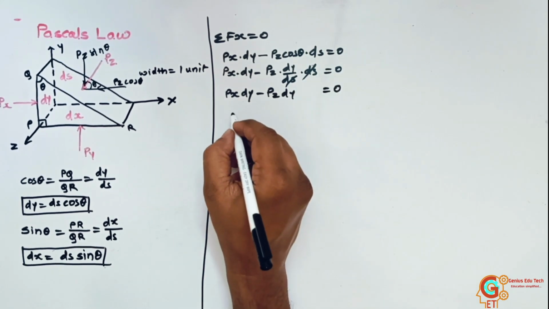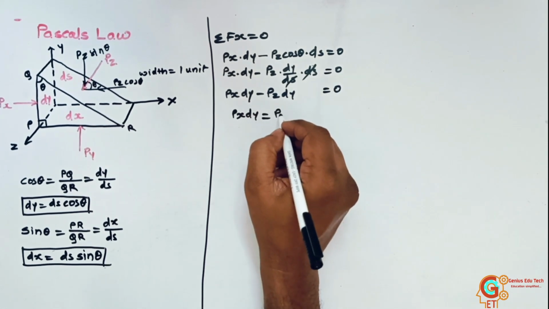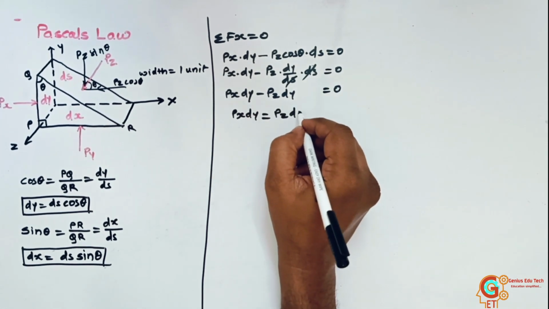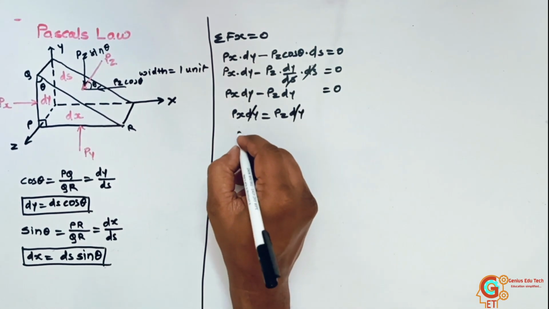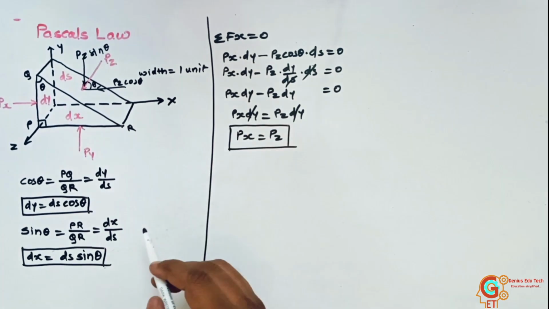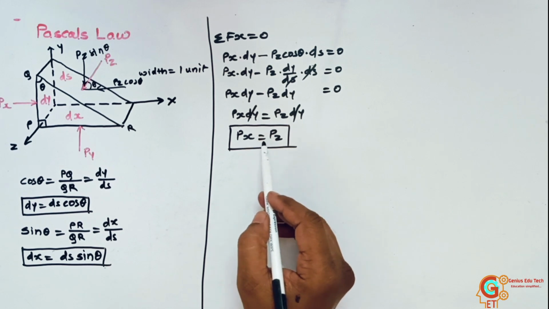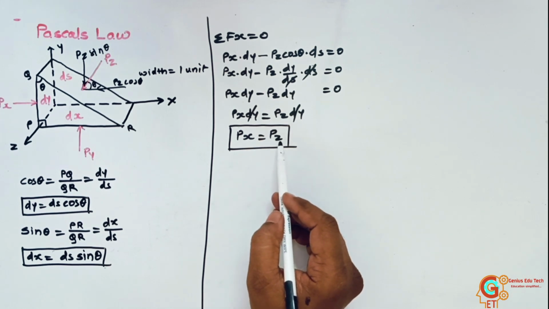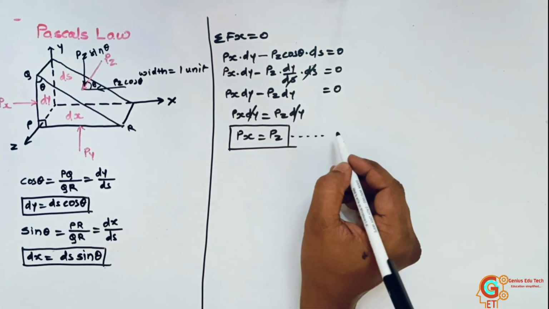So I can write Px dy is equal to Pz dy, right? Dy gets cancelled. I get Px is equal to Pz. That means intensity of pressure in x direction is equal to intensity of pressure in z direction. I'll name this as equation 1.